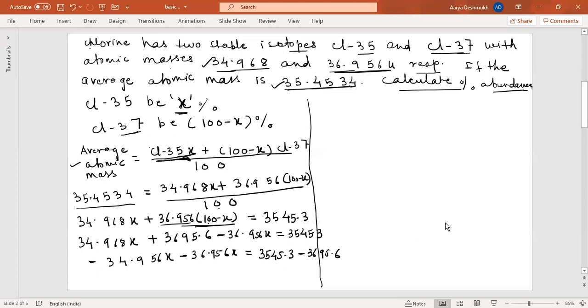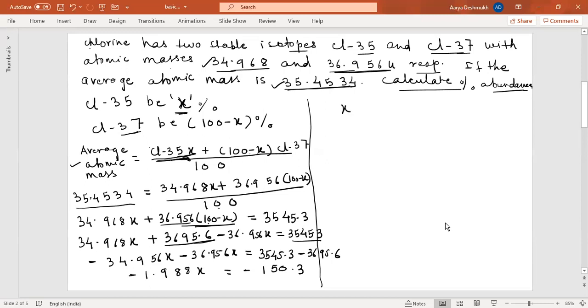So what did I do? I just transferred this from the left hand side to the right hand side here. Okay. So when I do this, this will become minus. Now, if you solve this thing, you will get minus 1.988 into X, okay, equals to, this will be again minus 150.3. Now you can easily calculate for X.